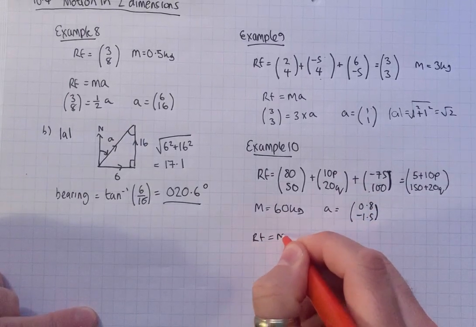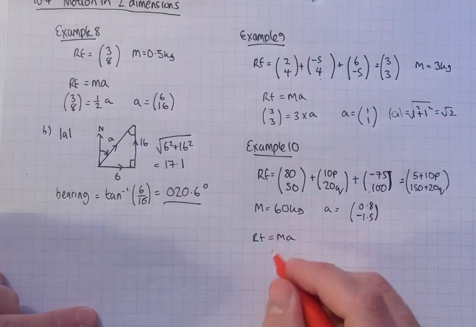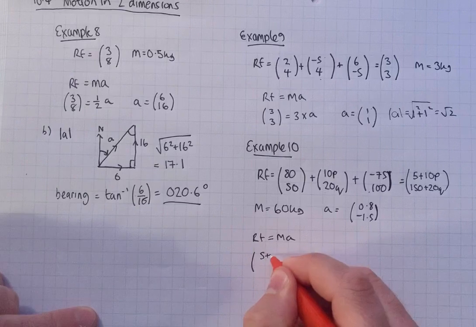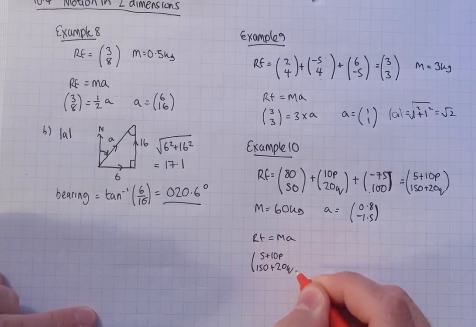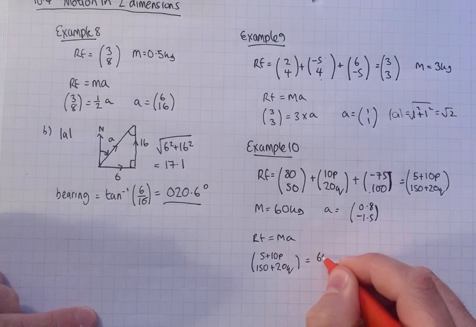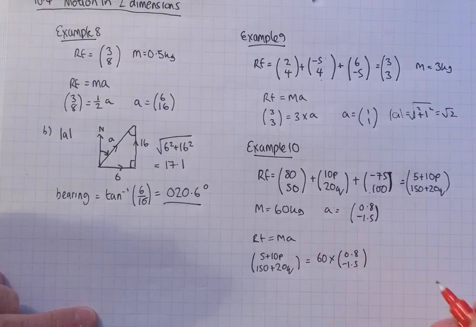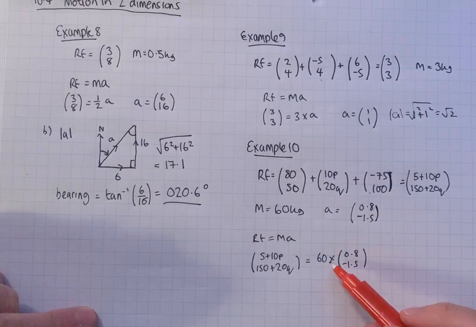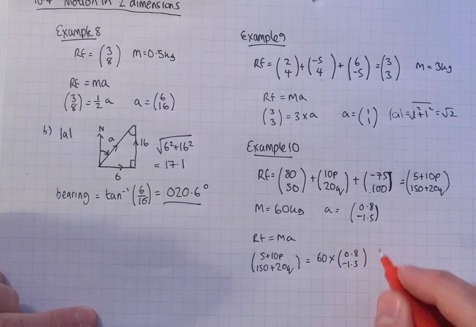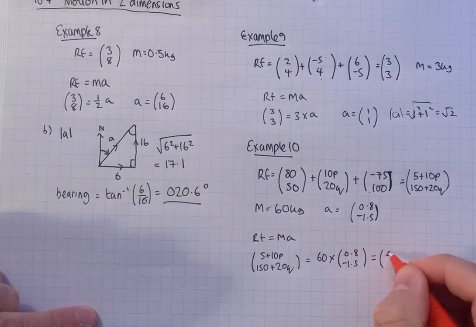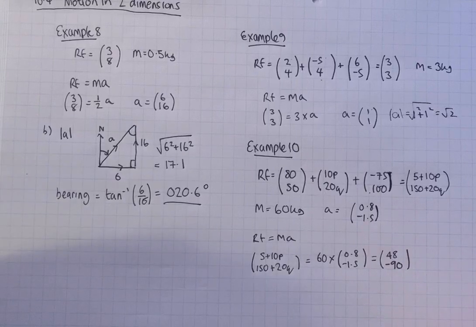So using resultant F equals ma again from Newton's fantastic second law, we've got 5 plus 10p, 150 plus 20q must be equal to 60 times 0.8 and minus 1.5 for the acceleration. So we need to do 60 times that and 60 times that, and not just the top, it's not a fraction. So it's going to be, what, 48 and minus 90, I think.